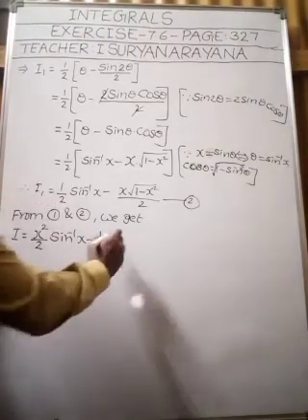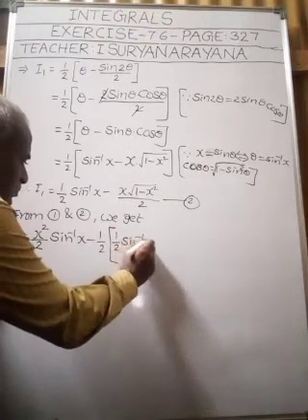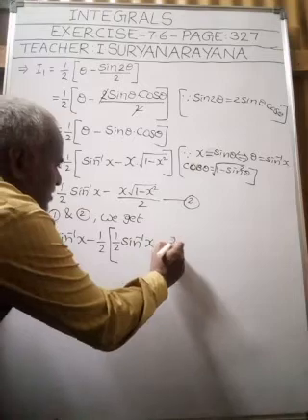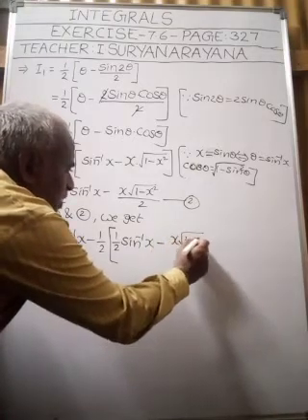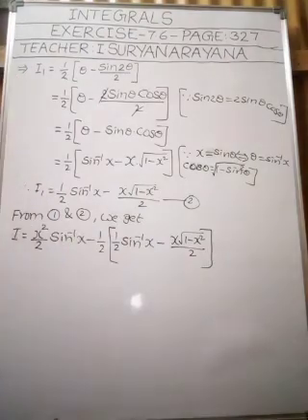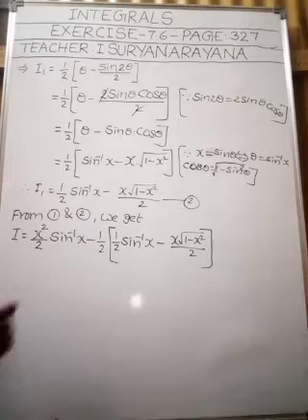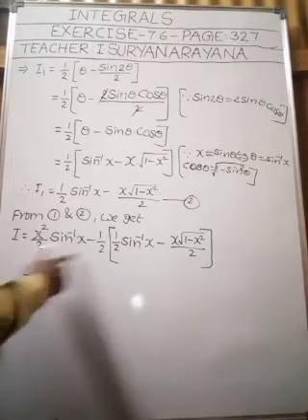What is the I1 value? 1 by 2 sin inverse x minus x root of 1 minus x square by 2. In equation 1, we substituted this result I1. Understood this step?